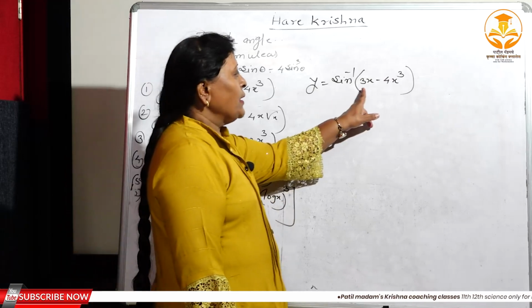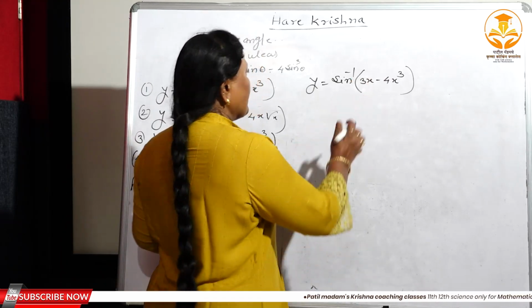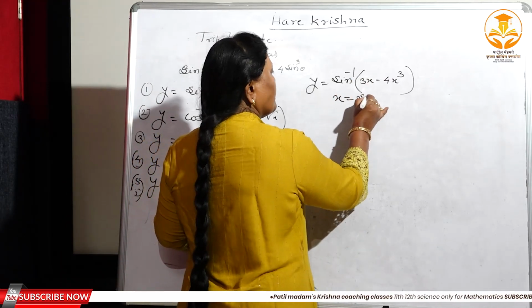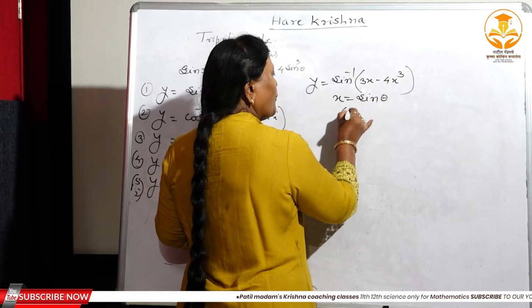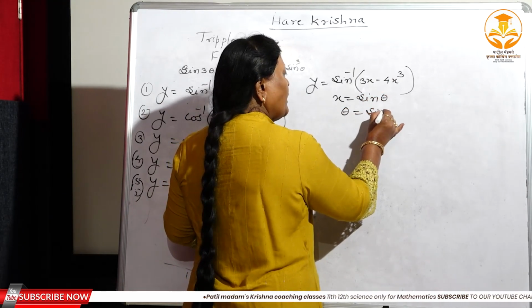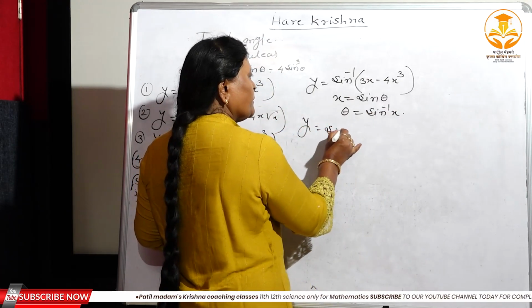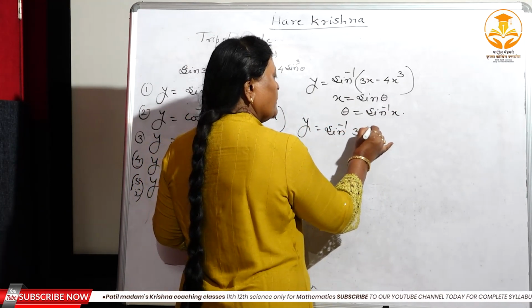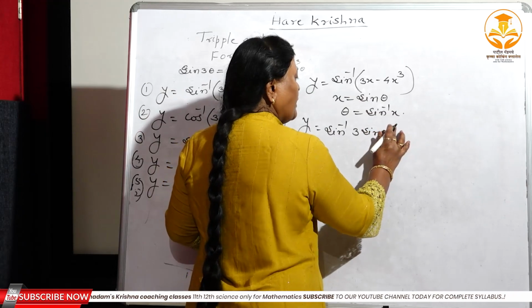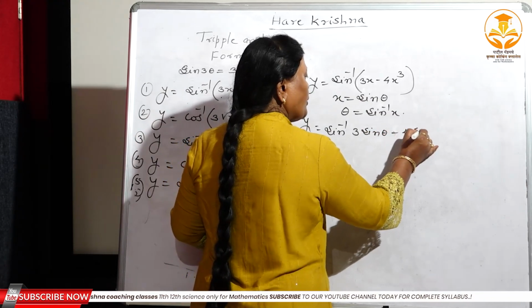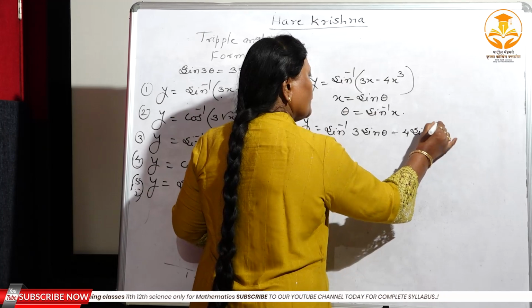Obviously by seeing this you can substitute sin theta in place of x. Therefore theta is equal to sine inverse of x, right? Therefore y is equal to sine inverse of 3 sin theta minus 4 sin cube theta, right?